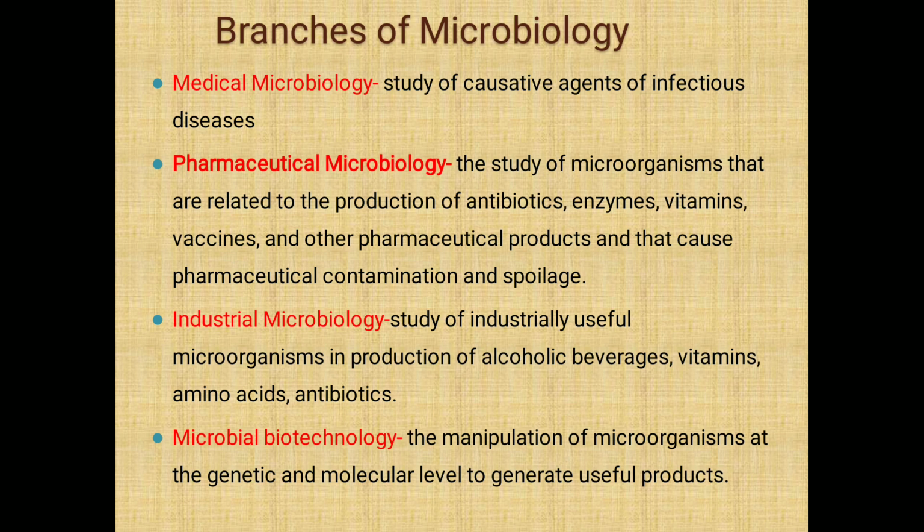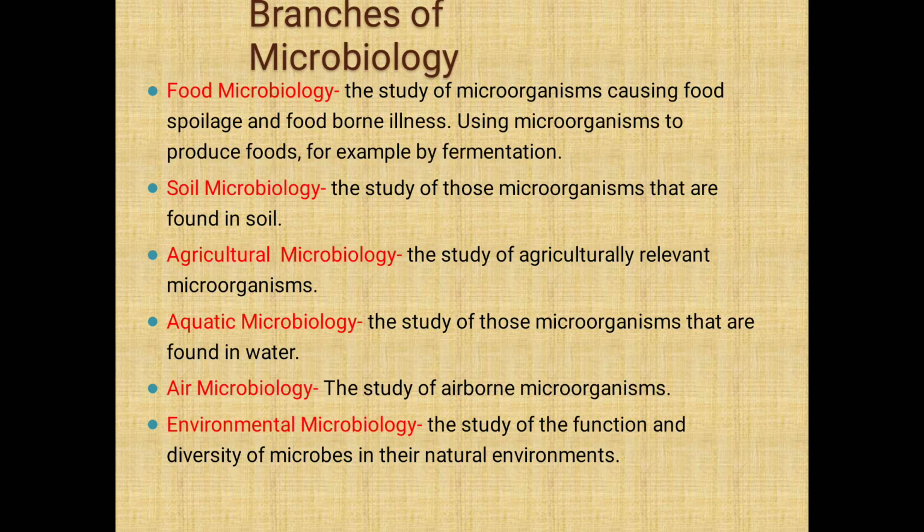It means the field of biotechnology mainly depends upon microorganisms, which are genetically converted, or converted at their molecular level, to produce various useful products. For example, various proteins. For example, insulin is a kind of protein mainly used for diabetes mellitus. That is also produced by using microbial biotechnology.